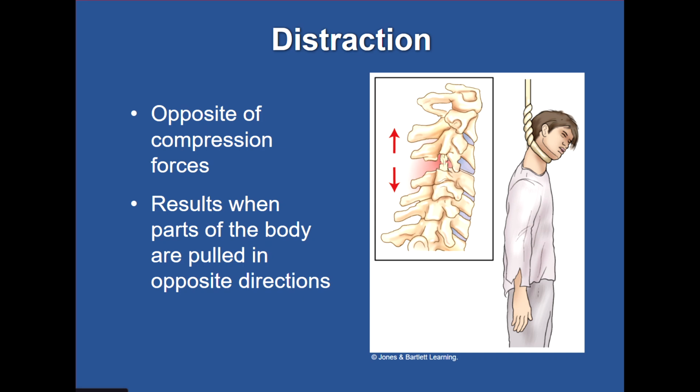Distraction injuries. This is kind of opposite of our compression forces. So instead of pushing things together, we're actually pulling things apart. We see this with hangings where the head or the upper portion of the neck is held stable, and the body pulls down on it. So you think about those injuries there.